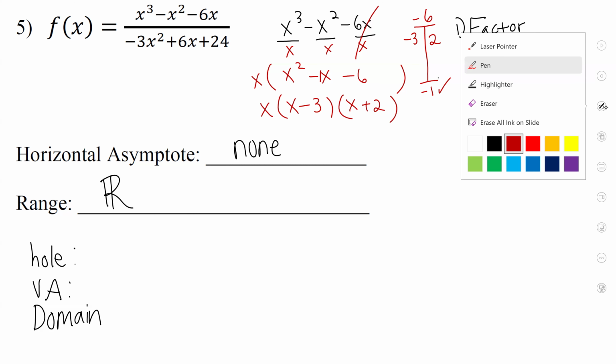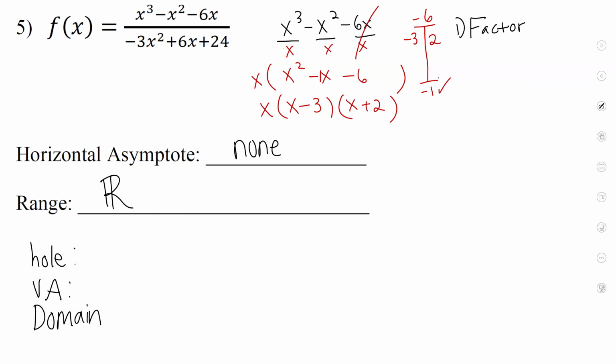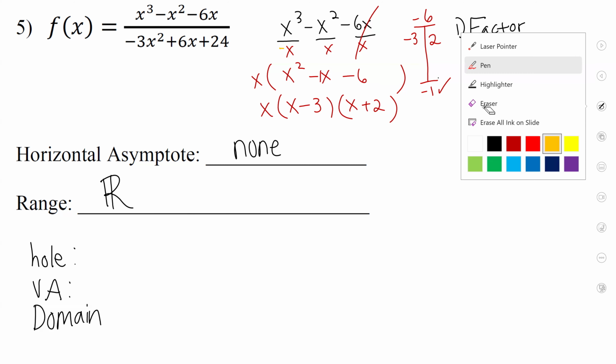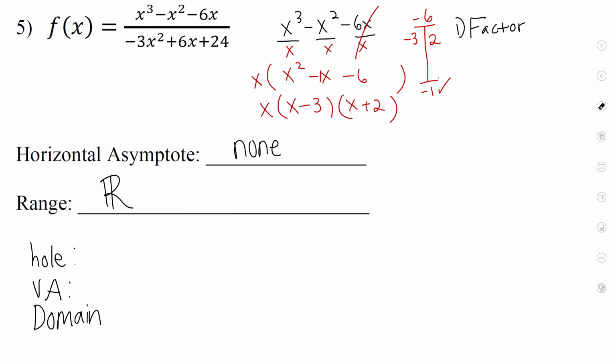Do not forget, guys, because we divided by an x in the beginning, x is on the outside, okay? Do not leave out that x. Whatever you divide by goes on the outside. Keep it there. Okay, so guys, that's the top. Let's do the bottom.